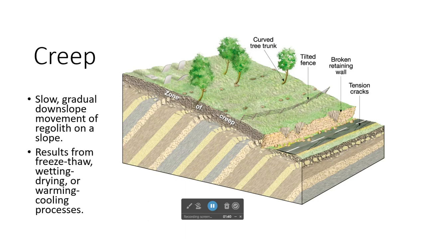So all of this causes expansion and retraction of the material, and so it will slowly creep down the slope, hence the name creep. When you're looking at the actual area, you can see curved tree trunks, tilted fences, and also broken retaining walls in certain areas. So there are various features that tell you that creep or mass movement is occurring.